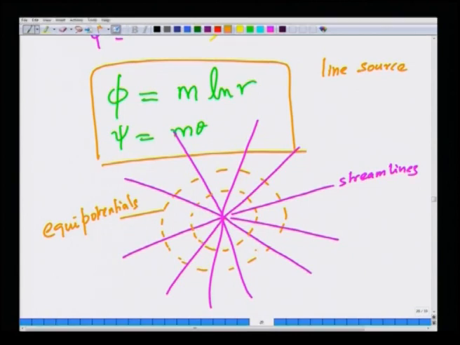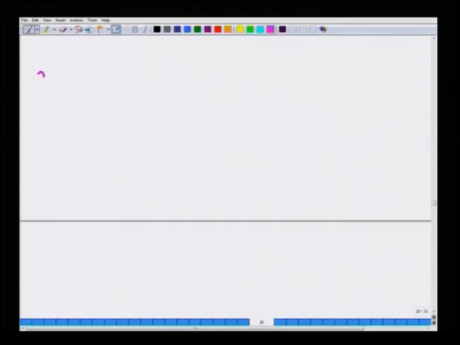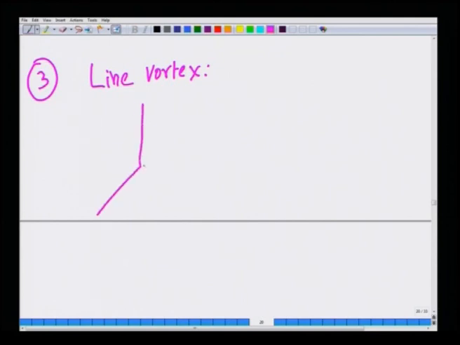Now, the next simple example or illustration that I am going to do is a line vortex. A line vortex is one in which, if you put an x, y, z Cartesian coordinate system, at z equal to 0, you can imagine that there is a very long thread of fluid which is rotating at some constant velocity.